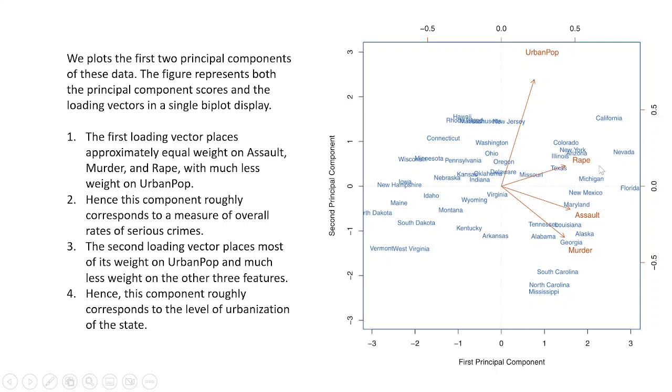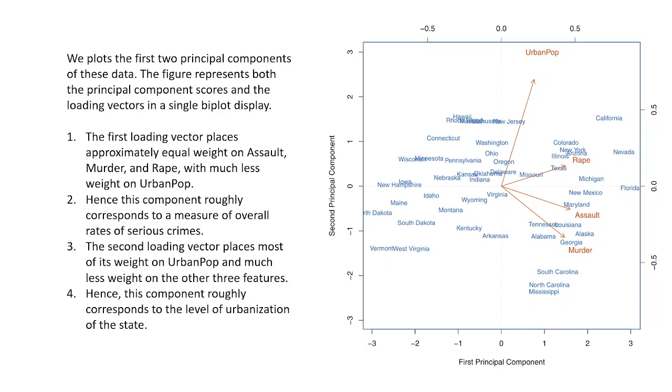As you can see, they are close together, and the second loading vector places most of its weight on the urban population. Now let's look at the first principal component here. The locations of murder, assault, and rape are not only close to each other, but they are also positive, which means they have a positive value for the first principal component.